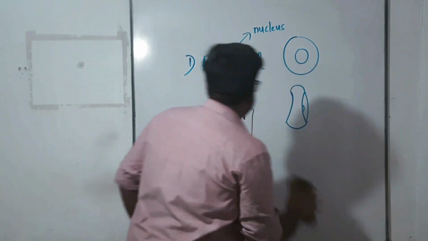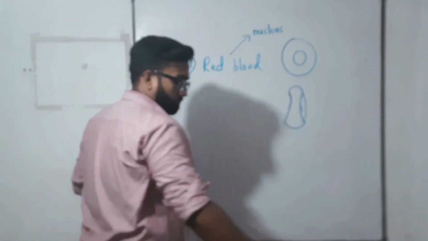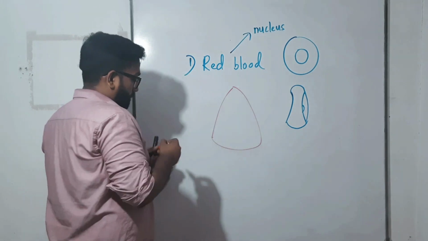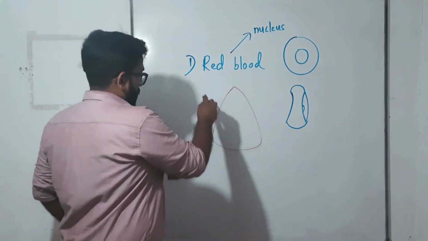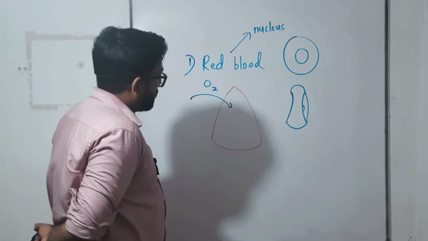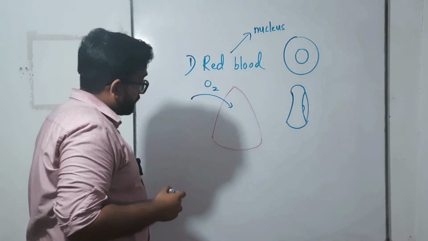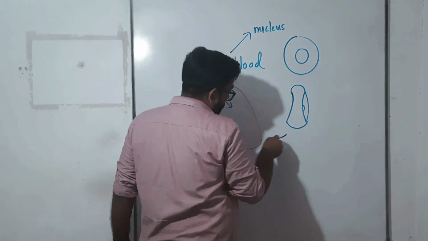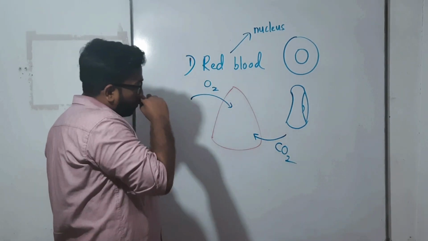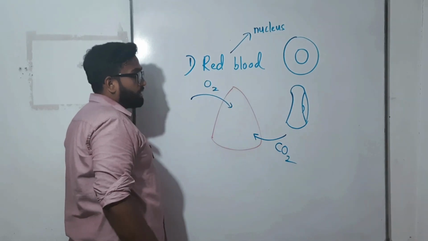Now, simply I'll draw this for you. Now consider this is our lung. One lung is there, right? So, oxygen, O2 gas, is coming to our lungs. How? When we are breathing, oxygen gas is coming to our lung. Then, children, the carbon dioxide gas which was made by our body was taken to the lungs by our red blood cells, right?